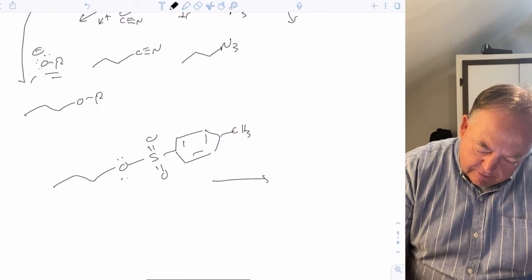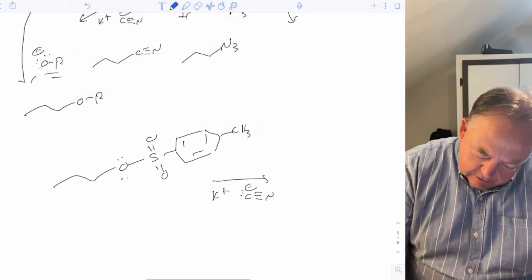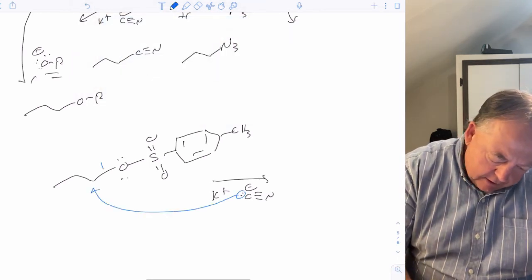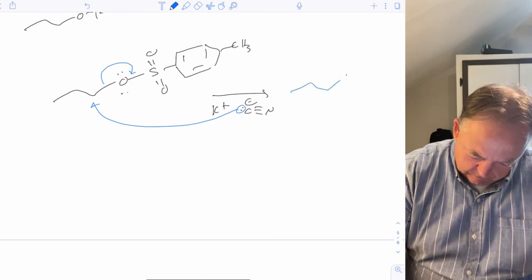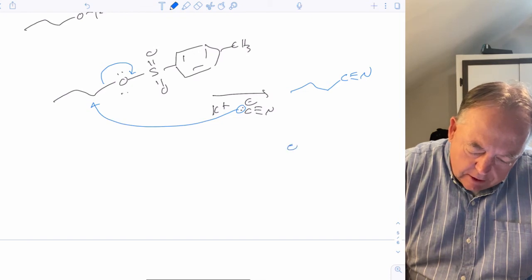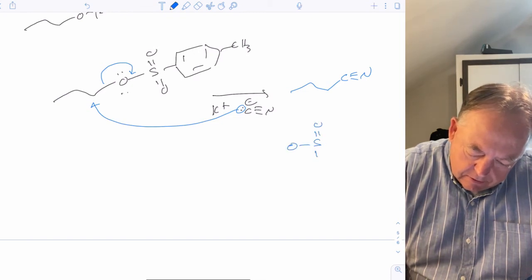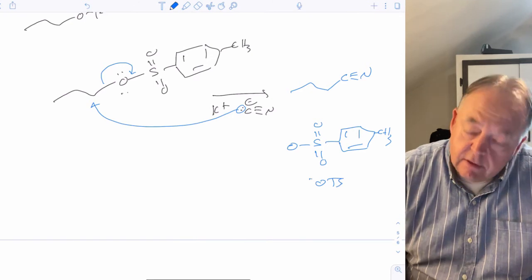If this was CN minus, CN minus would attack here and kick this off. Then that's your major organic product, and your side product is that, which is the OTs group.